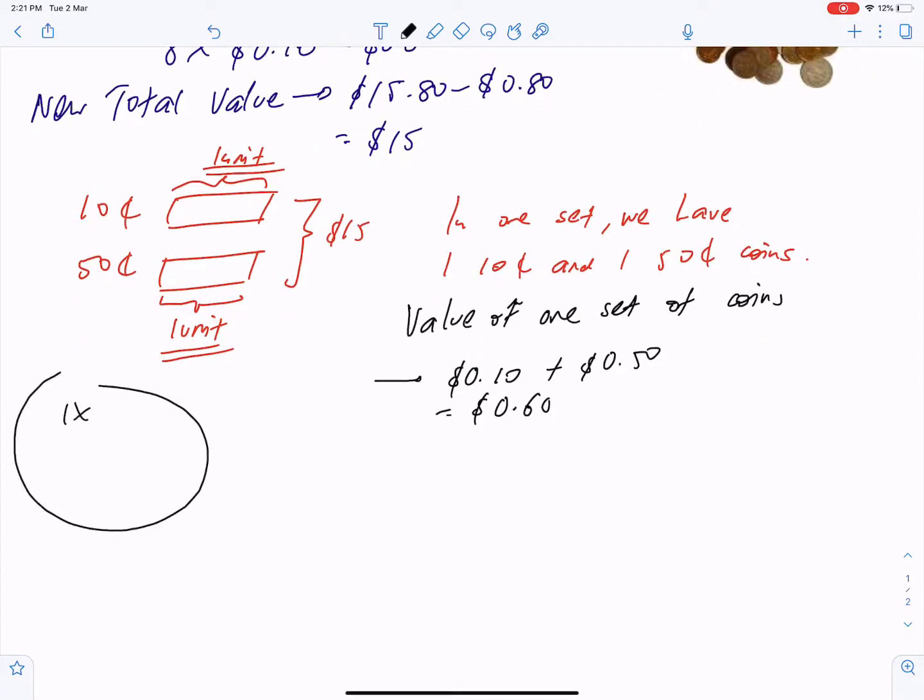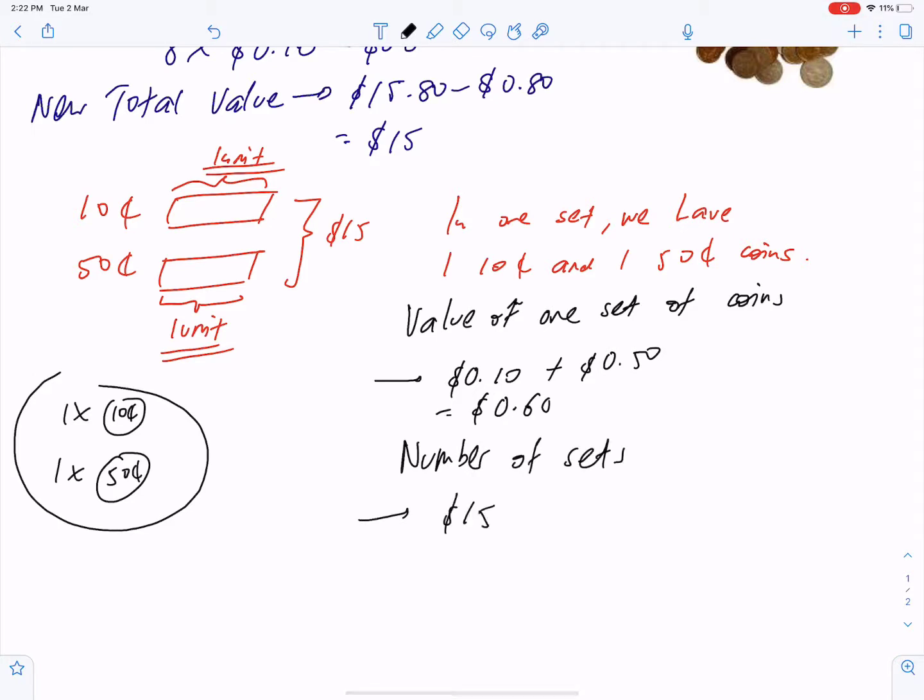In one set I have 1 10-cent coin and 1 50-cent coin. So to find the number of sets, I take that new total value and divide by the value of each set. 15 divided by 60 cents is 25 sets. So I literally have 25 of these sets.